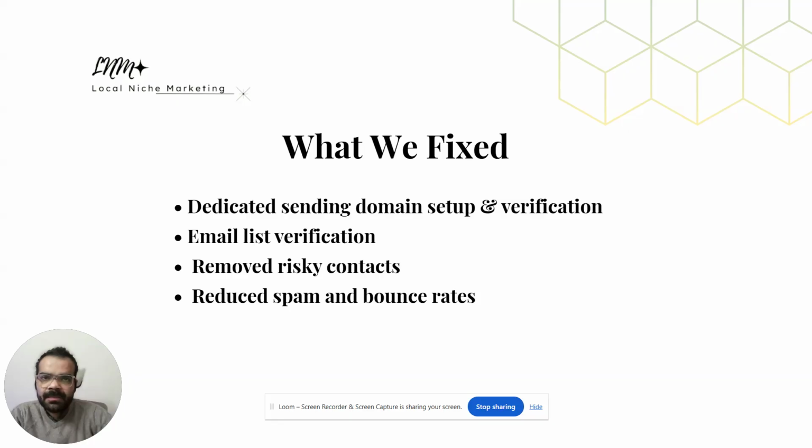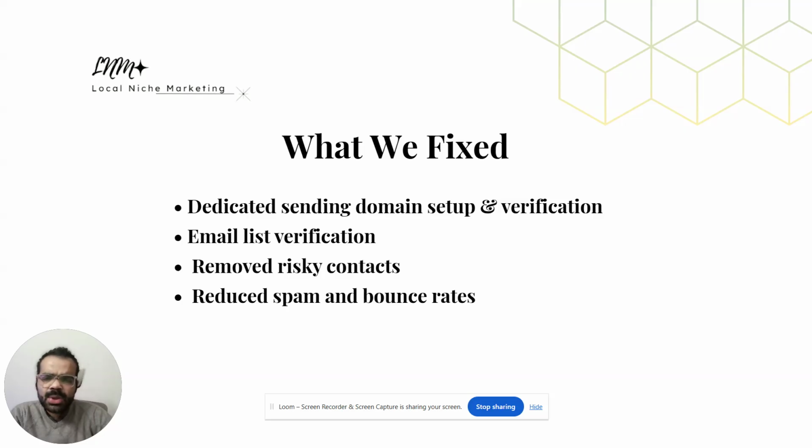Because you will have a really clean database of contacts that are ready to engage, ready to buy from you, and your email servers are going to have a good reputation instead of a bad reputation from sending emails to bad contacts.